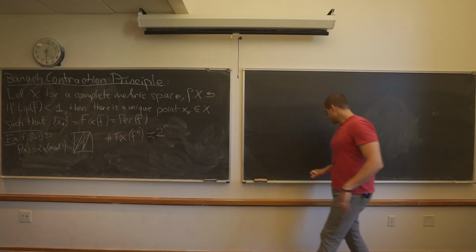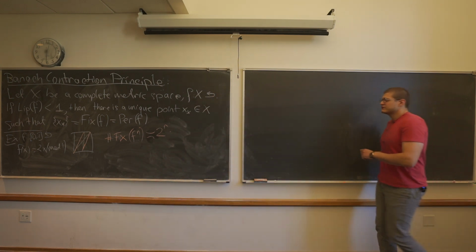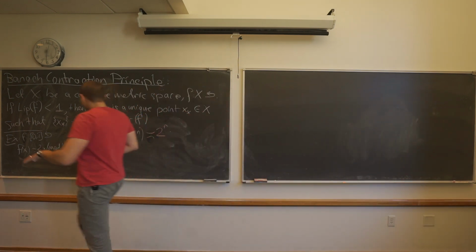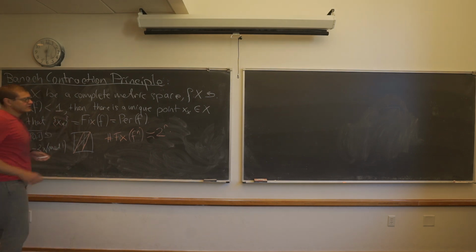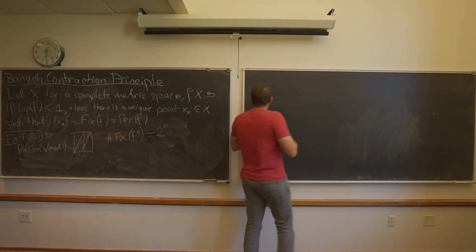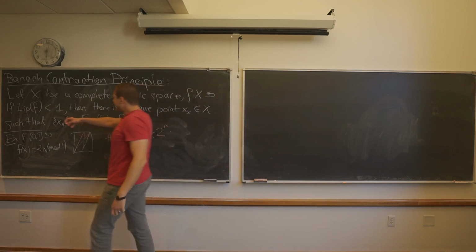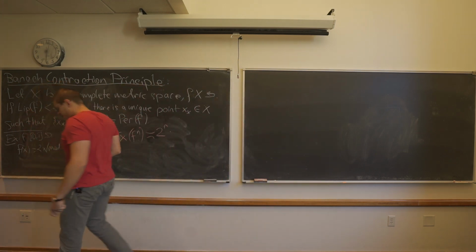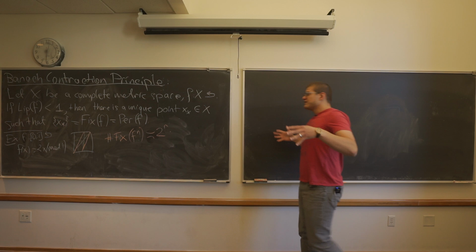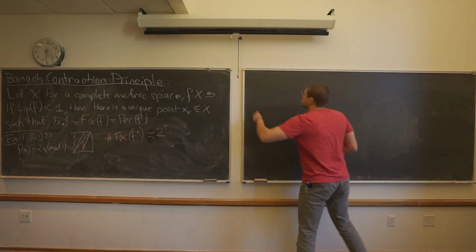Okay. Now even before going into the proof of this, let's start to understand this parameter here a little bit. So what happens if I were to say, oh, maybe my function is not a contraction, but the Lipschitz constant is less than or equal to 1.